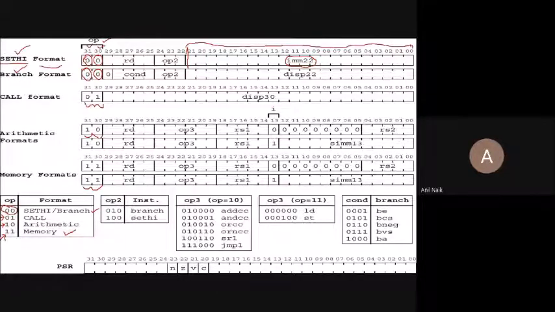So the set high format loads the immediate 22 bits, from 0 to 21, a total of 22 bits. Then here OP2 is the operation for set high.